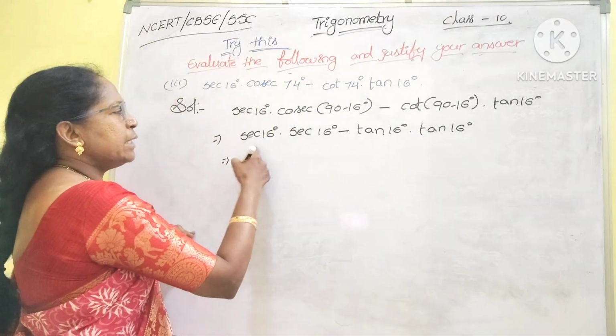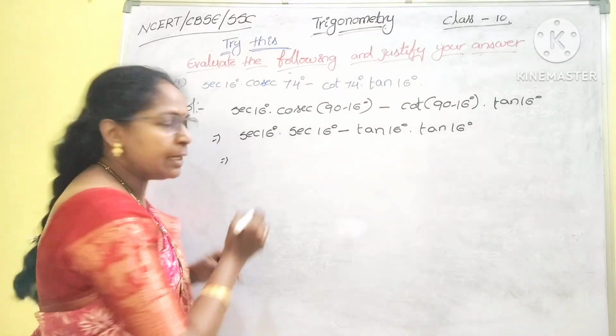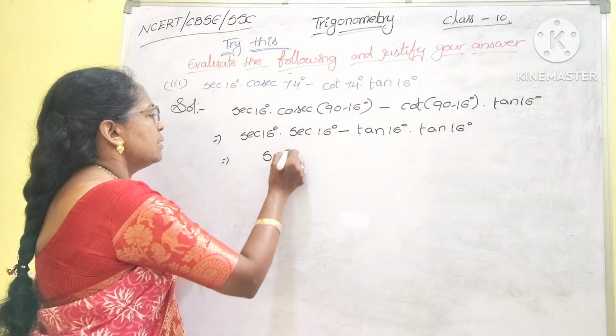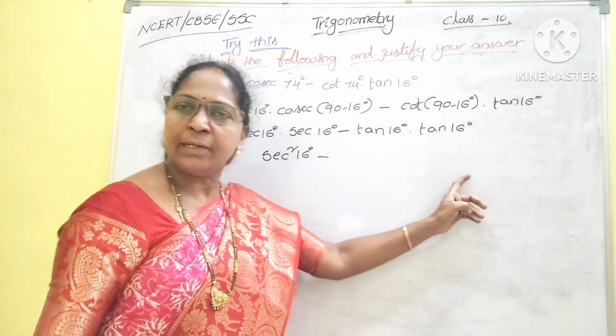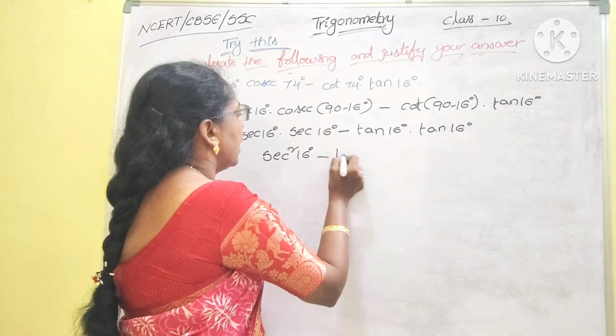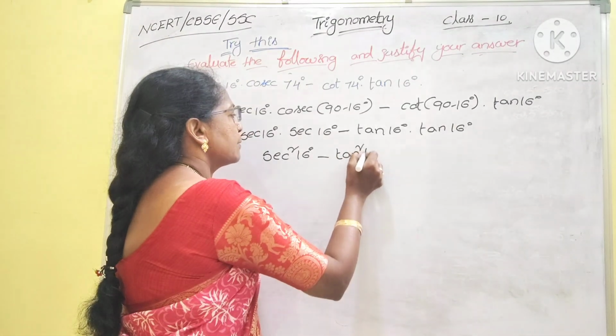Now here secant 16 into secant 16 equal to secant square 16 degrees minus tan 16 into tan 16 equal to tan square 16 degrees.